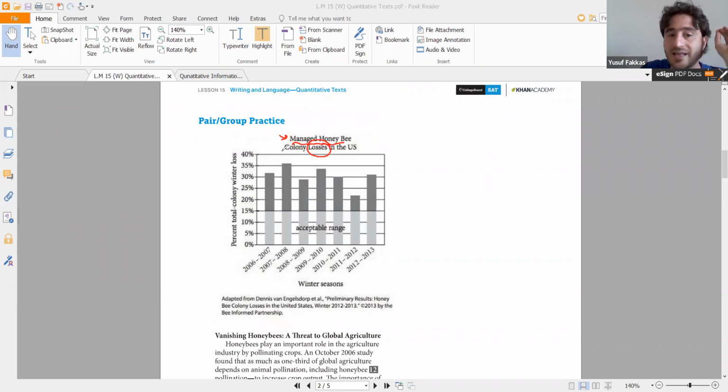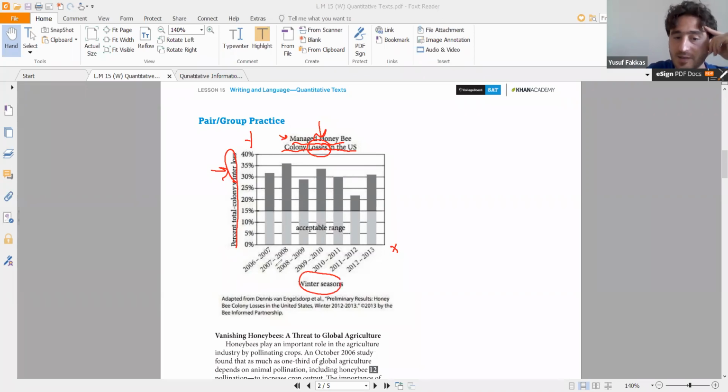So here we're talking about, again, the death that's happening to bees in their colonies. I focus on the word losses. And then I look at the y-axis. Here, as you can see, we have percentages. Percentages of what? Percent total colony winter loss.